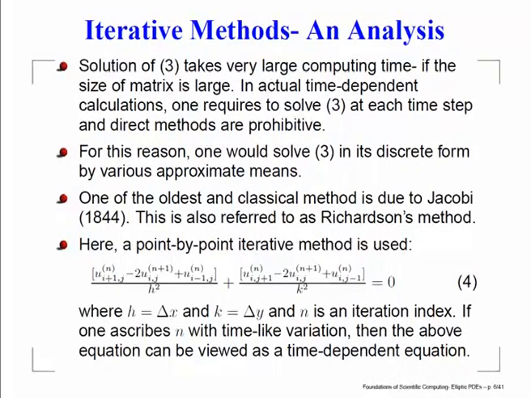This is the discrete equation, and what you do in the Jacobi method is you evaluate the solution by pegging the diagonal entry at the current level and everything else at the previous level.